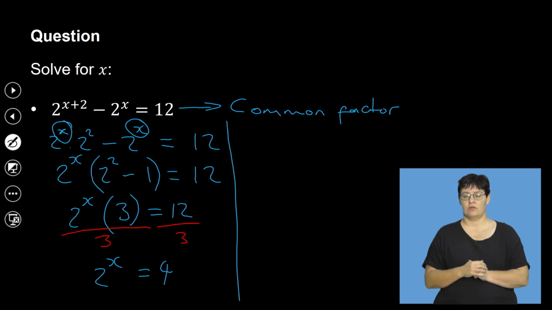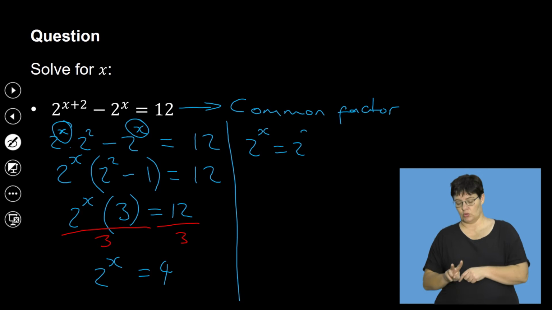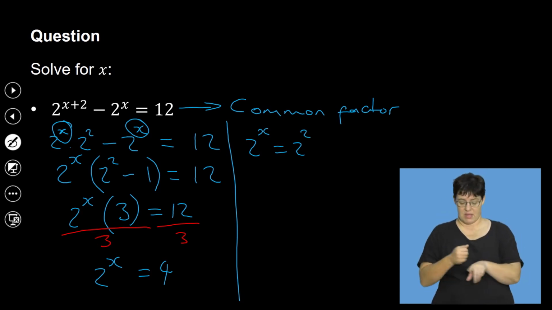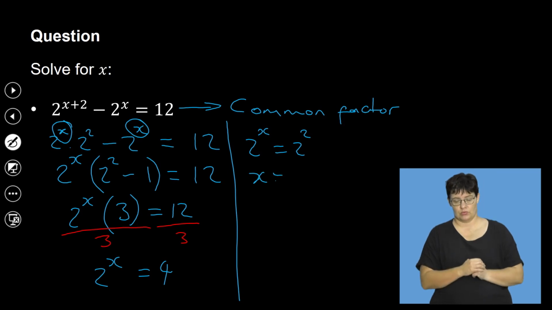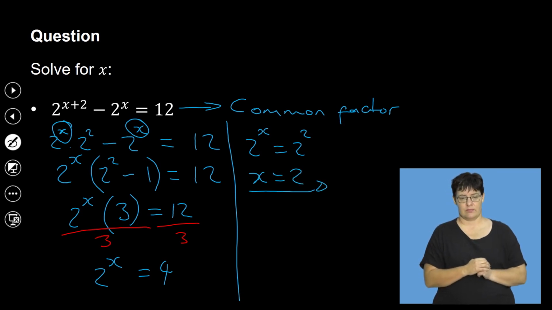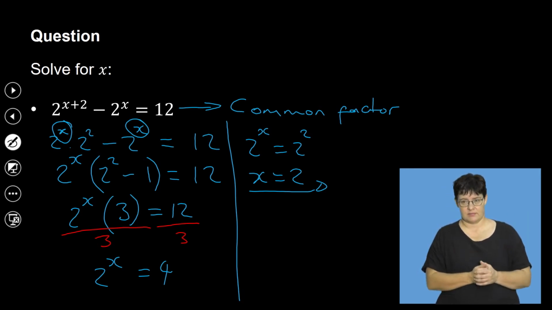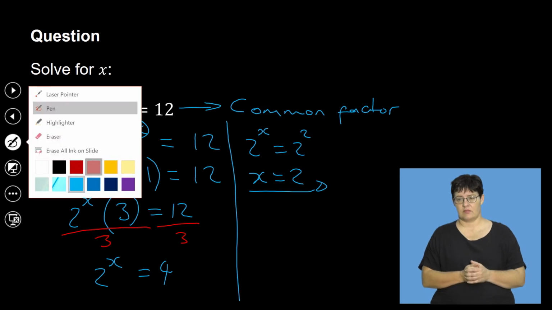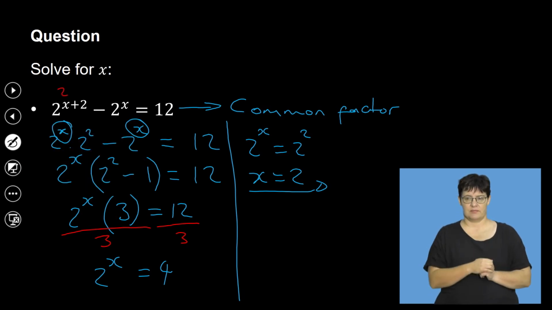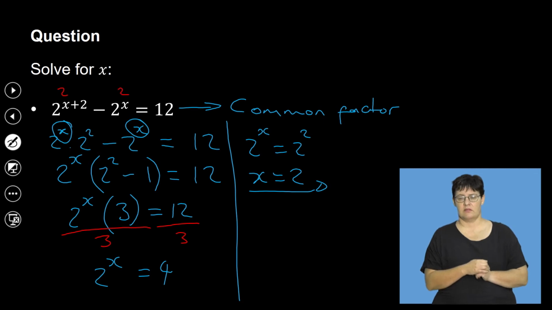And then from here, it will be 2 to the exponent of x equals to 2 squared. Bases are the same, 1 power, equate the exponents. So x is equals to 2. Then you can always just take that 2, substitute it back so that you can check your answer, right? So to do that, I will just write it on top, but I will work it out for you here.